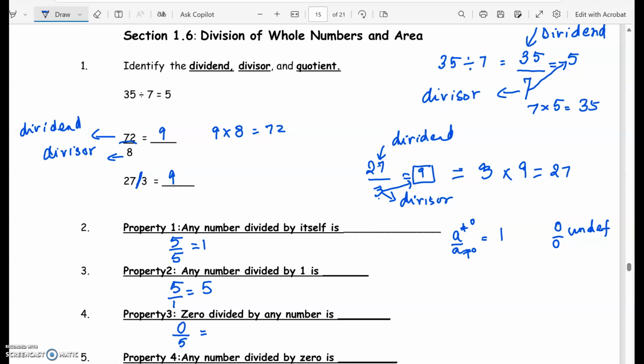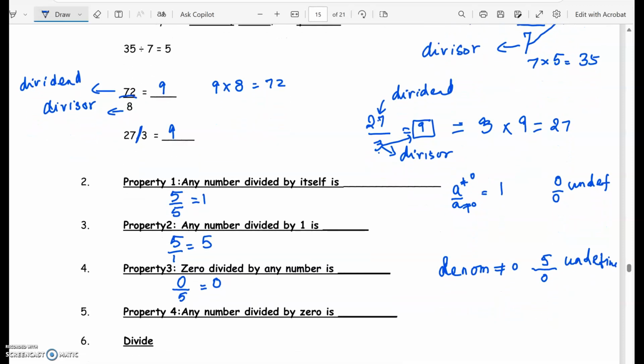So the denominator cannot equal 0. Denominator should not equal 0. If the denominator is 0, it is undefined. If the numerator is 0, it's perfectly fine. The answer is 0.